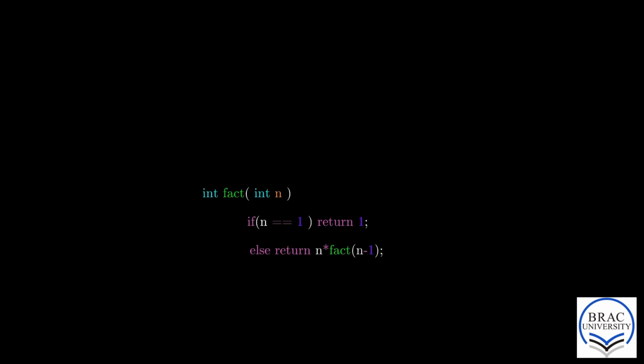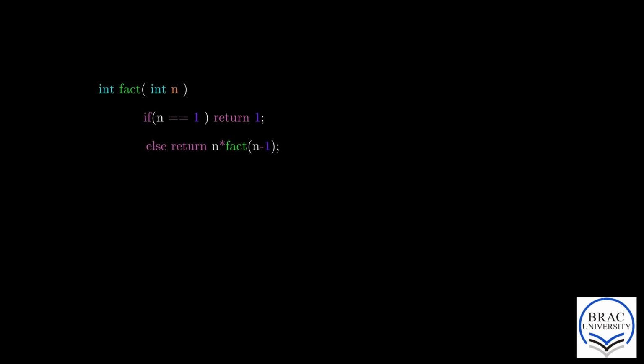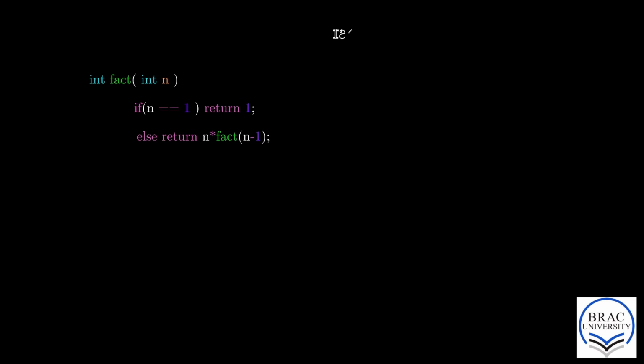If we want to simulate this function, let's call it with factorial 5. Since 5 is not 1, this goes to the else case and calls 5 into factorial 4.